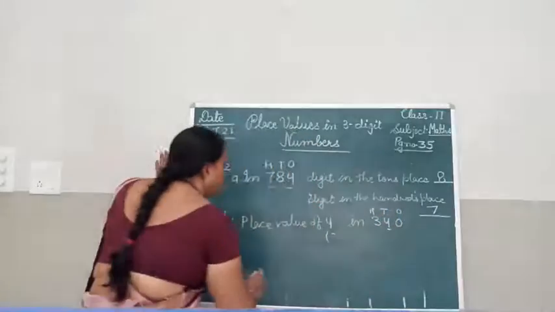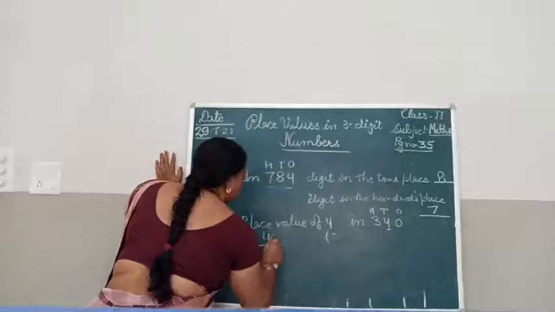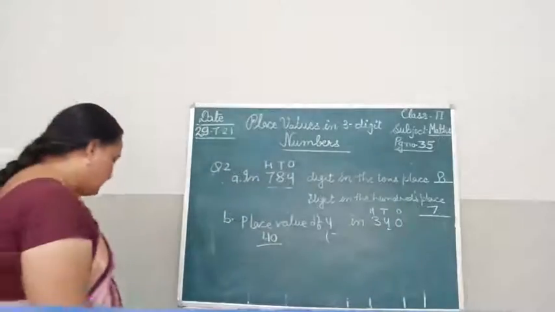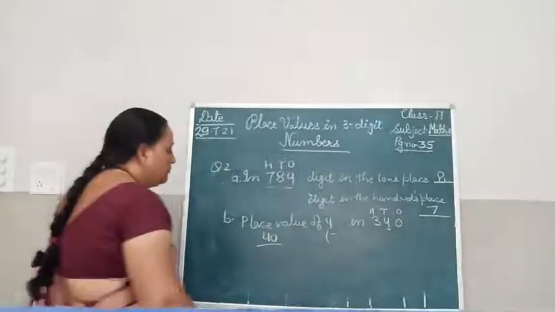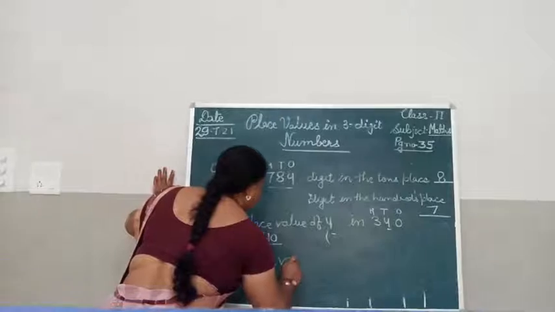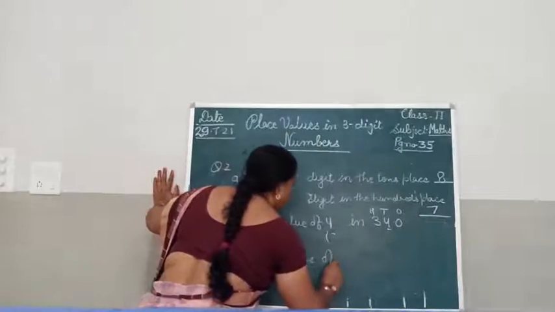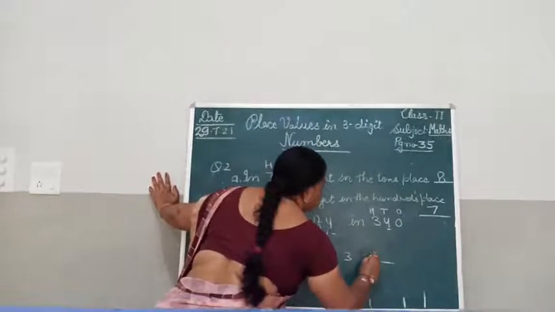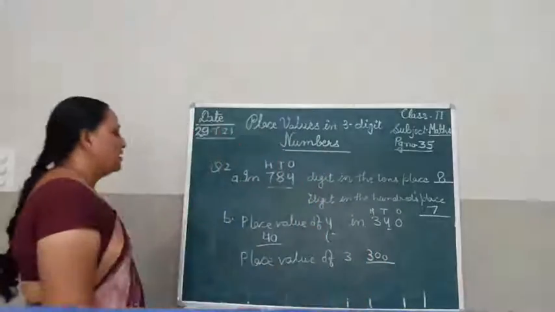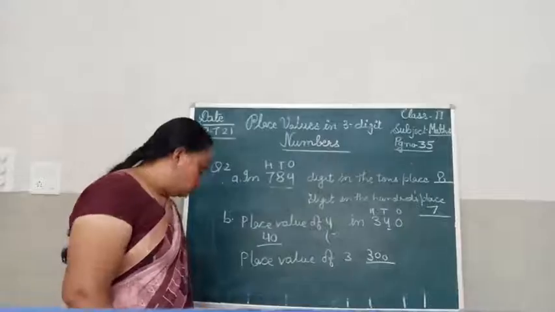Place value of 4 would be 40 because 4 is on tens place. Okay. Now place value of 3. Place value of 3 is equal to 300 because it is on hundreds place. So do it, place value.